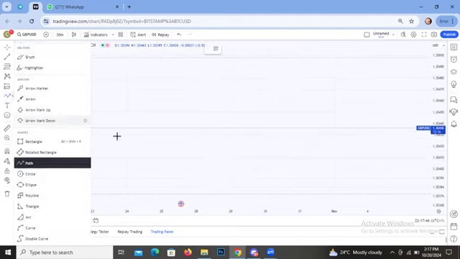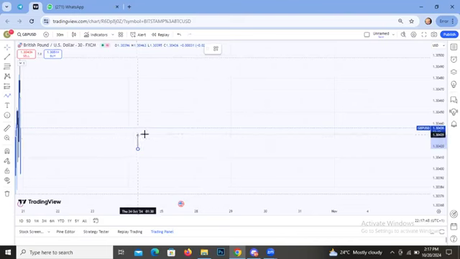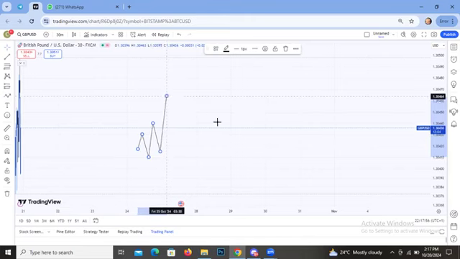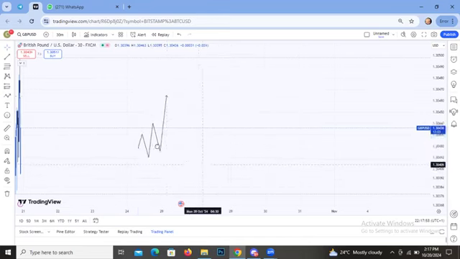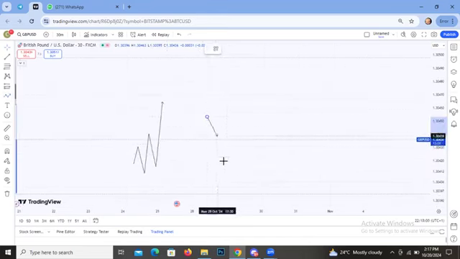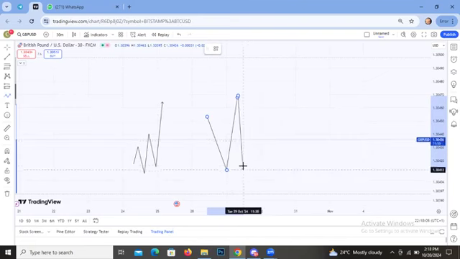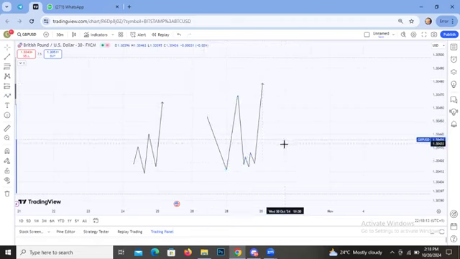Let me explain again: a sweep, a change of character, and retracing back to the order block, then buy in the lower time frame. So let's say in the bigger time frame you have your POI, and your stop loss is kind of big. Then in the lower time frame, you can see something like a sweep, 5 minutes, 3 minutes, something like a sweep, then buy. Are you getting what I'm trying to explain?